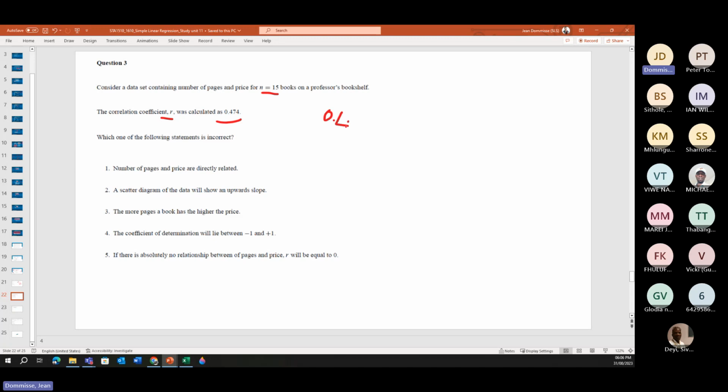Okay, 0.474. And then they tell us the number of pages and price are directly related. Would you guys say yes or no?